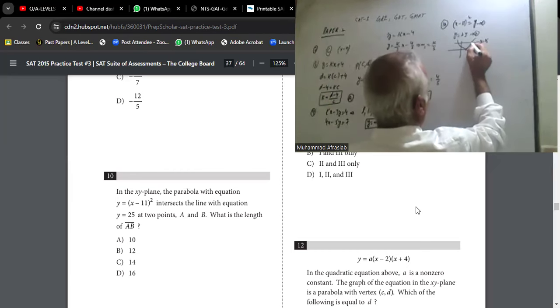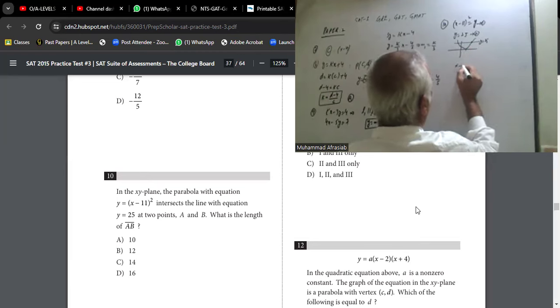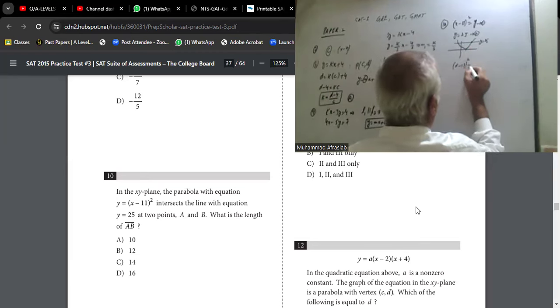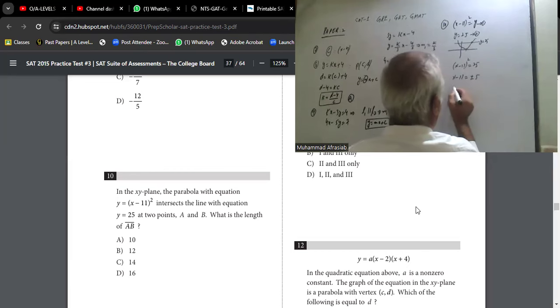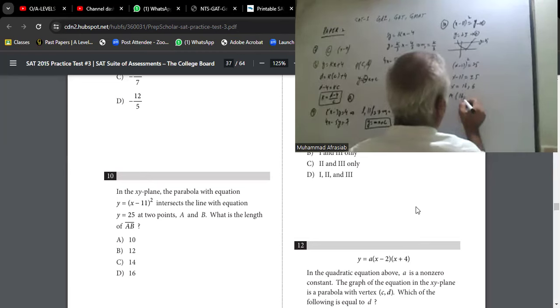So these are the 2 points A and B. So mathematically we can calculate it: x minus 11 whole square is equal to 25. x minus 11 is equal to plus minus 5, or x is equal to 11 plus 5 is 16 and 11 minus 5 is 6. So the points A and B are 16 and 25 and 6 and 25.